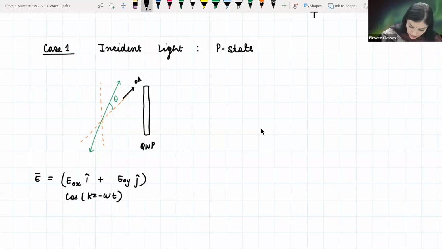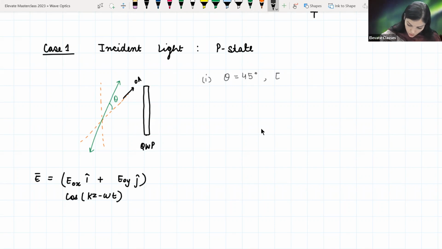So now the first case that can happen is that theta is equal to 45 degrees, that this beam is actually making a 45 degree angle with respect to the optic axis. And also if my E0X is equal to E0Y, that is, the magnitudes of E0X amplitude and E0Y amplitude are the same.